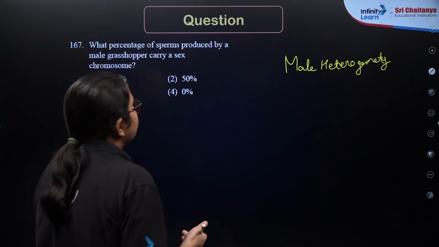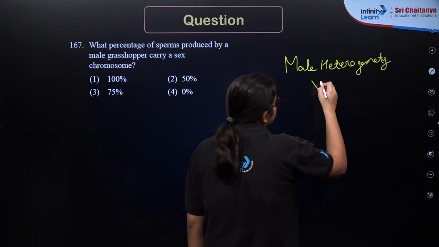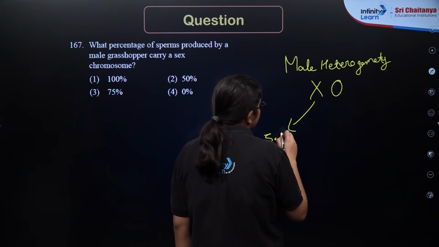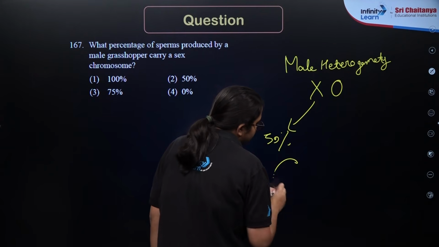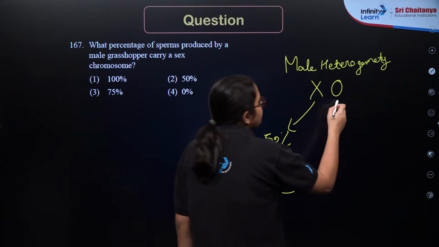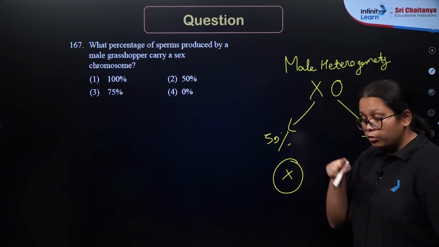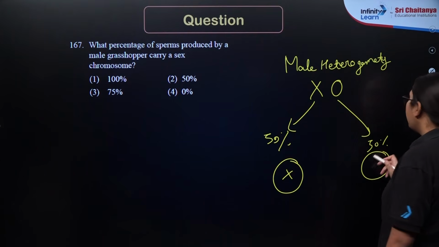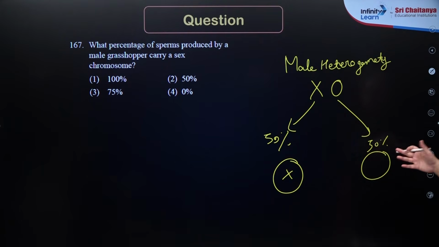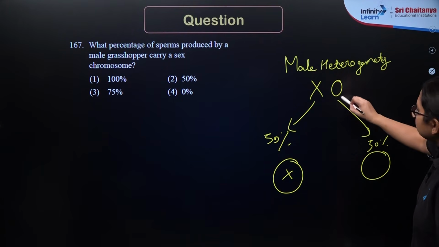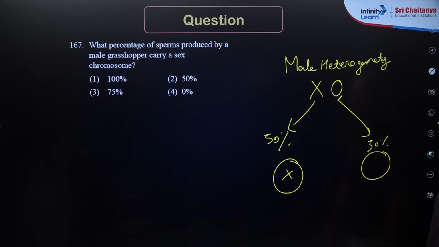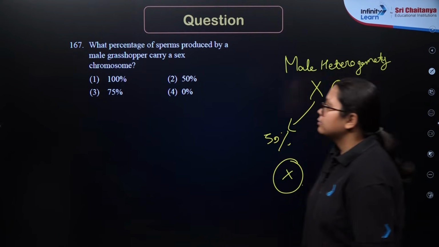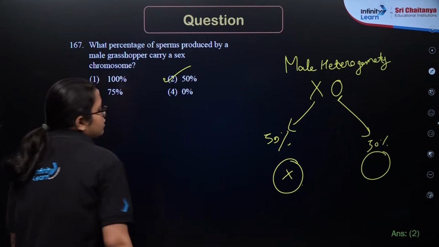But in grasshoppers, the male has XO. This X means 50% of gametes will have an X chromosome. O here means 0. 50% of male gametes does not have any sex chromosome at all. That is what this O signifies. So carrying a sex chromosome means only 50% is carrying your X chromosome. So the answer is 50%.